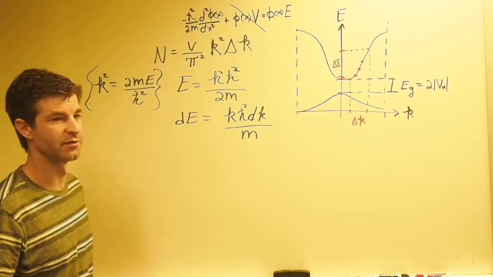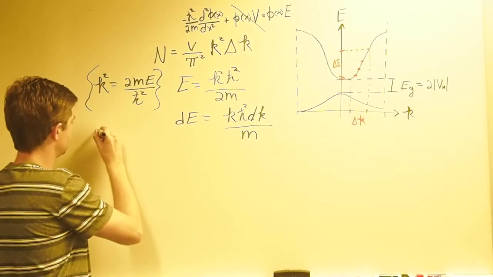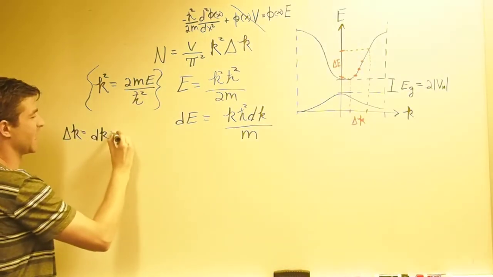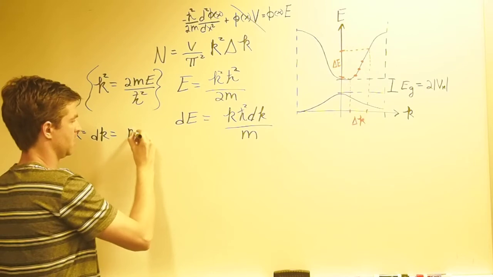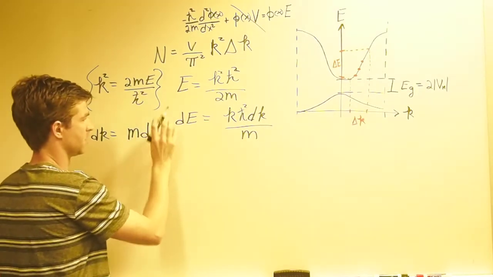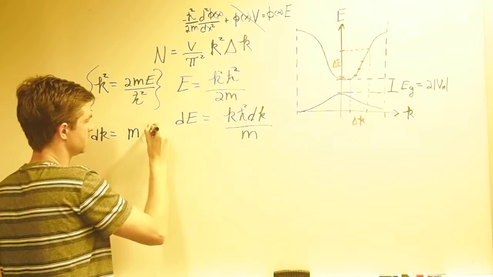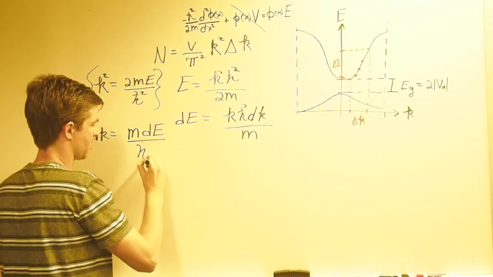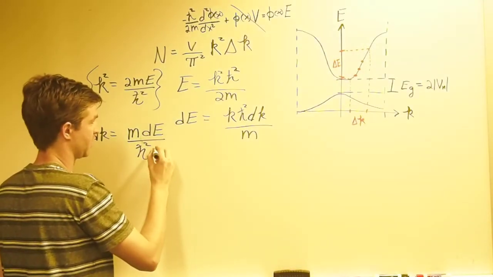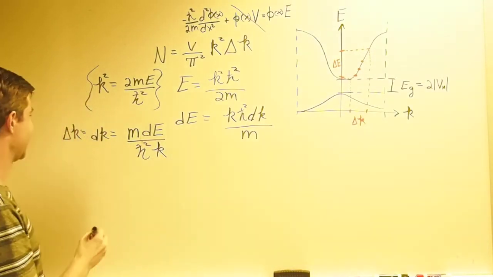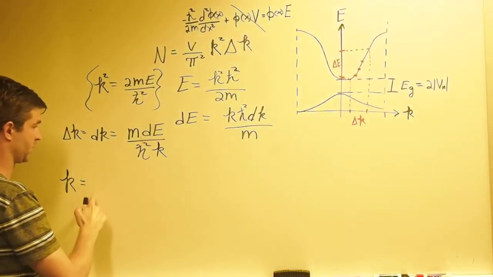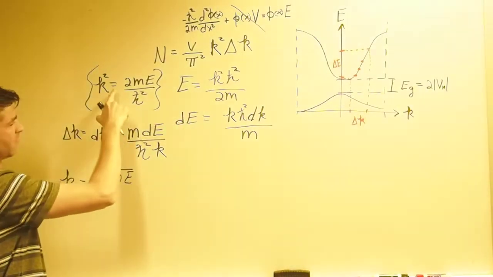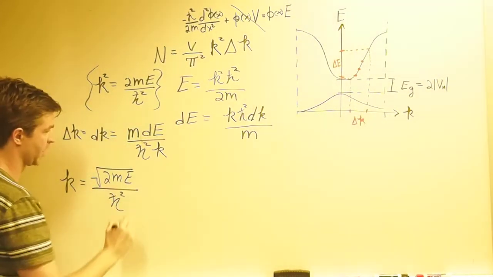So let's write this in terms of dk, right? dk, delta k, is equal to dk, which is equal to m dE over h bar squared times k. Well, k is equal to the square root of 2mE, again this is from this right here, over h bar squared.